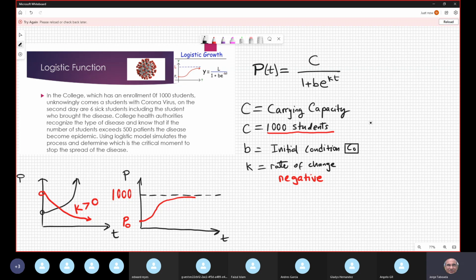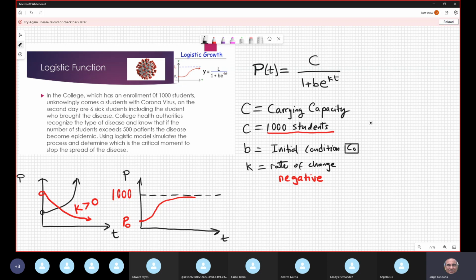Now, unknowingly, a student comes with coronavirus. Suppose at the beginning of 2020, in China, or here in Miami. On the second day there are 6 students, including the student who brought the disease, infected.